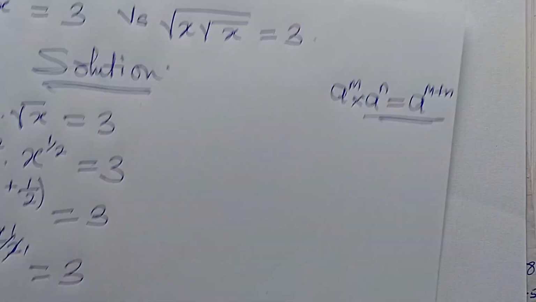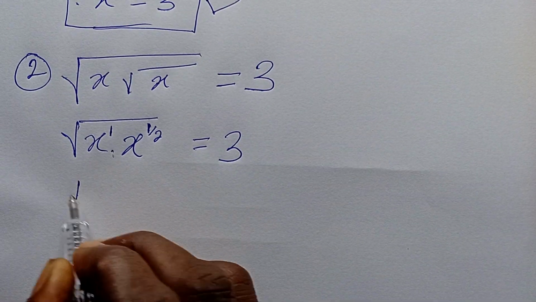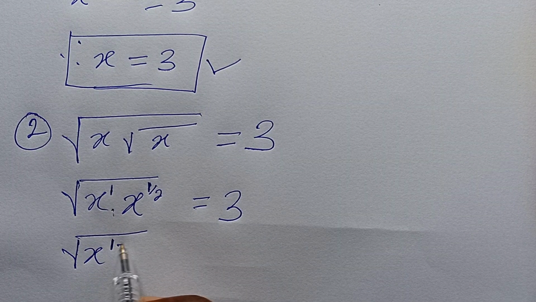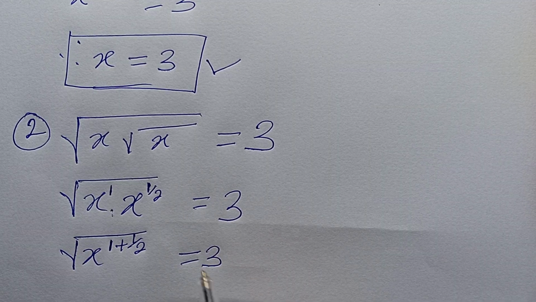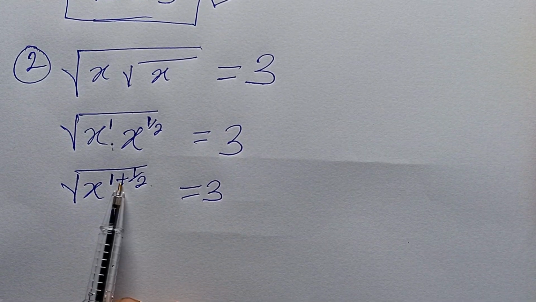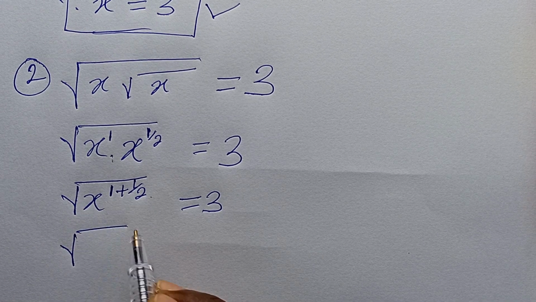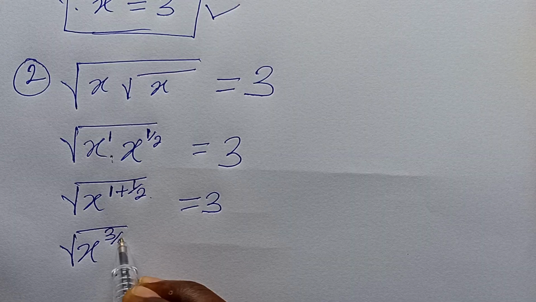If we apply the same law of indices here, then we have the square root of x to the power of 1 plus 1 over 2. This is equal to 3. So if we add up, this is going to give us the square root of x all raised to the power of 3 over 2.